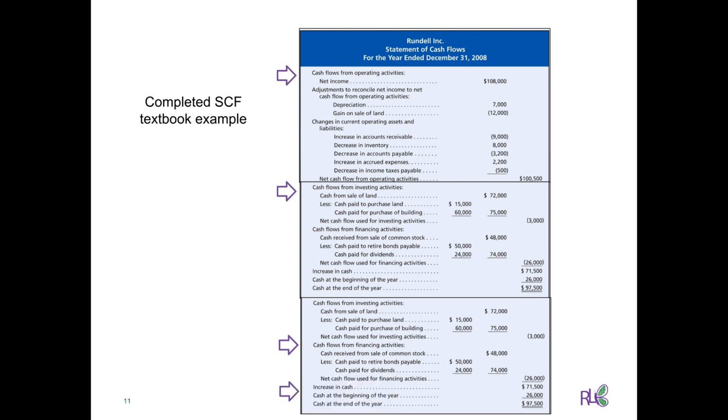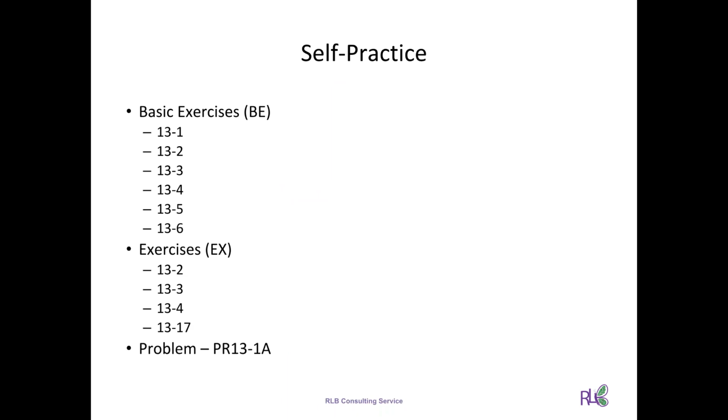So again, if I were you and I did not understand, I would go back through the indirect method as explained in your textbook, and then listen to this again and take notes of the hints that I'm giving you. For practice, start with the basic exercises so you can understand it piece by piece. Do exercises 13-1, 2, 3, 4, 5, and 6. It will walk you through each of the pieces for the indirect method.